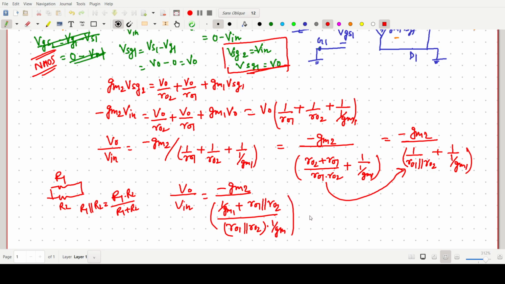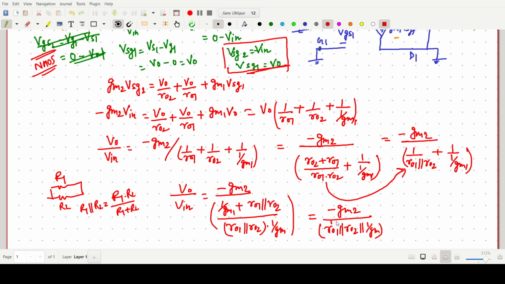Okay, so this one is nothing but simply Gm2 divided by this, which can now be R1 into R2 by R1 plus R2. So again this can be written as R naught 1 parallel with R naught 2 parallel with 1 by Gm.